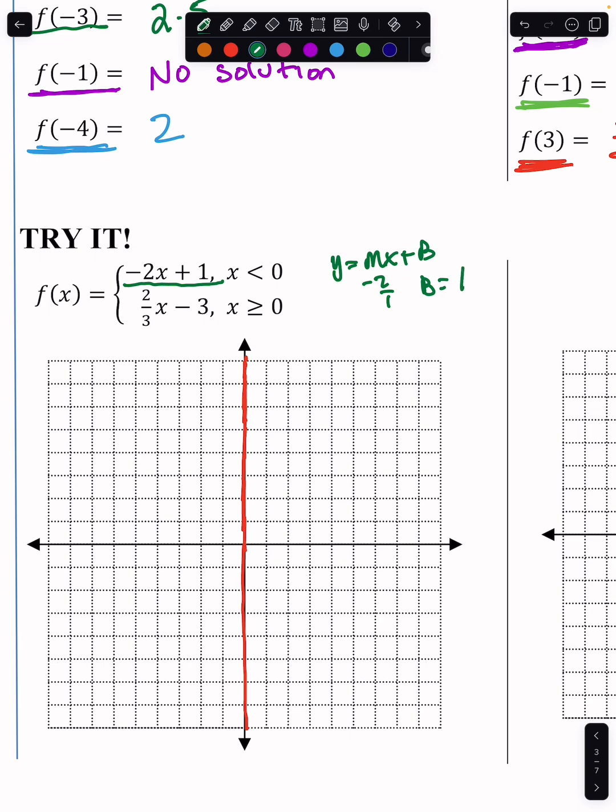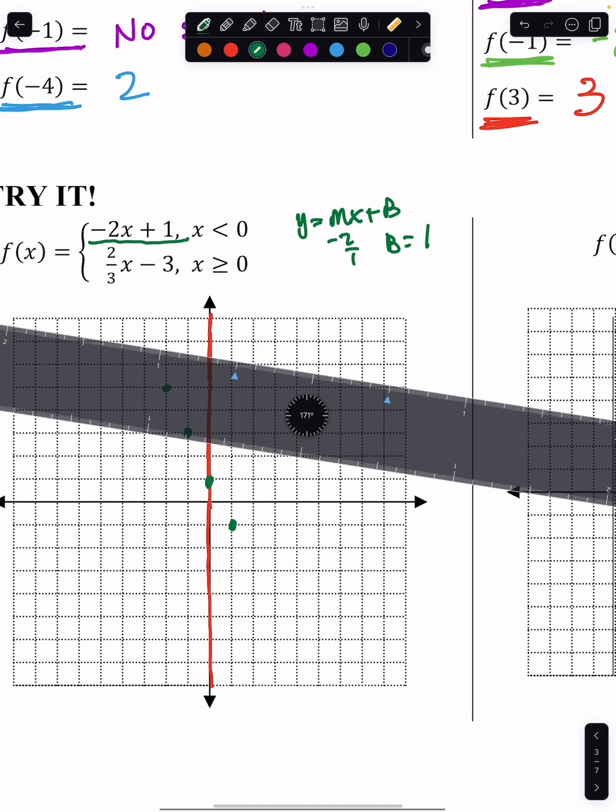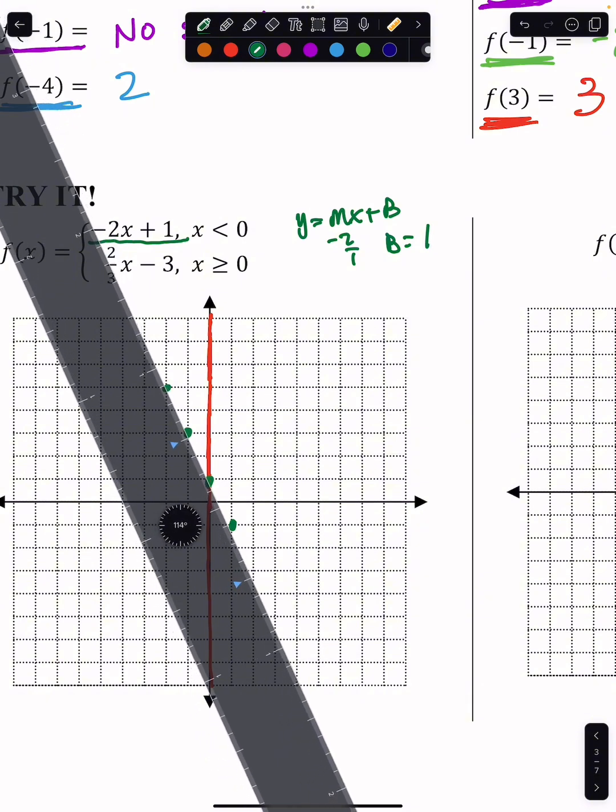Up 2, left 1. Up 2, left 1. And so on, right? And then I'm going to get my handy dandy ruler, which I'm still learning how to use, and connect the dots. Okay, there's that.